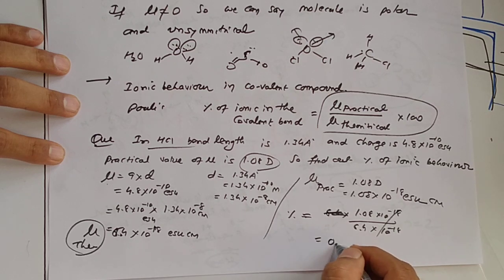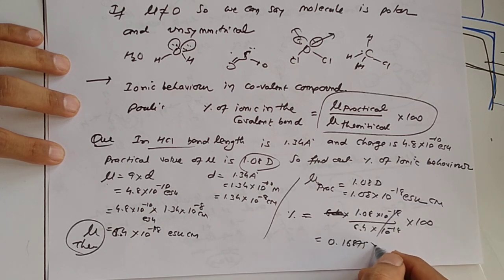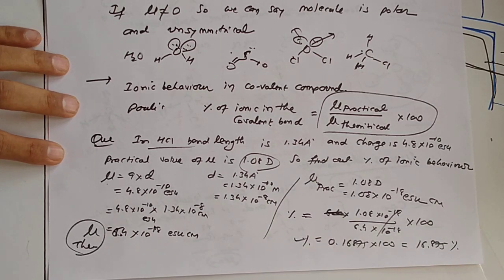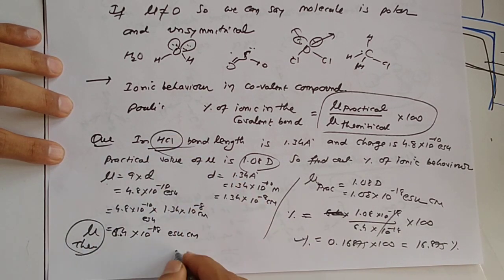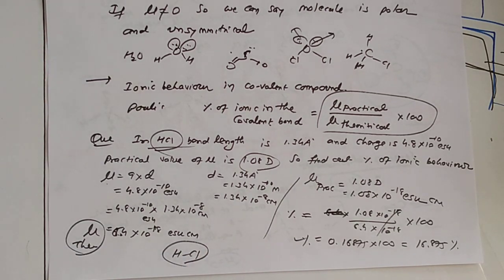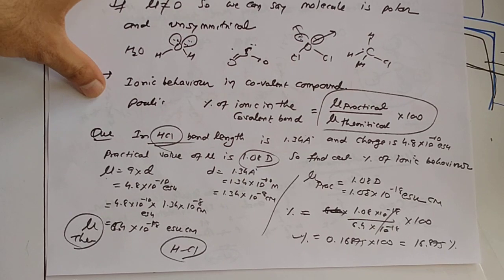Cut the 10 powers and multiply by 100. 0.16875 into 100, so 16.875% is the ionic character in the covalent HCl bond. Understood?